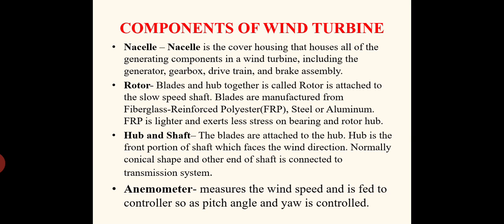Anyway, the hub is the end portion of the slow speed shaft, where the blades are connected. Usually the hub shape will be conical, and the other end of the shaft is connected to the transmission system.